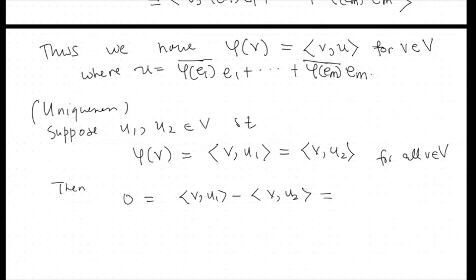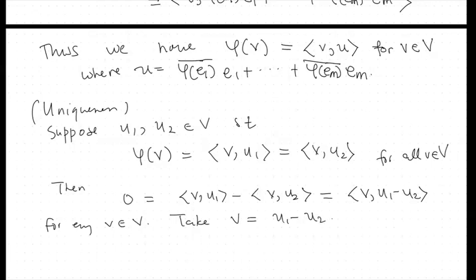Basically, this is equal to the inner product of V with U_1 minus U_2 for every V in the vector space. Now, take V equal to U_1 minus U_2.